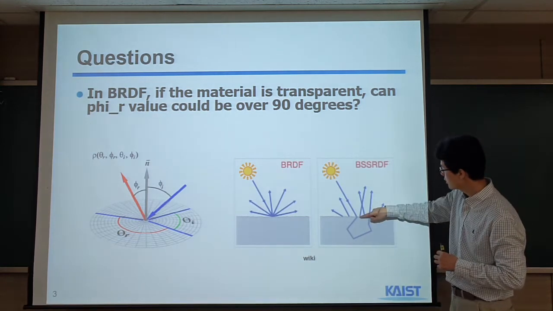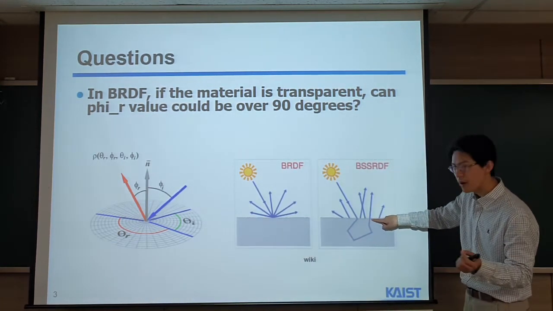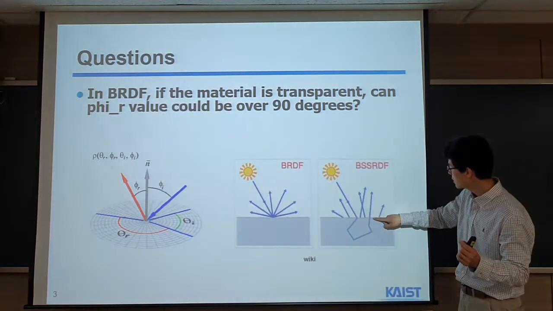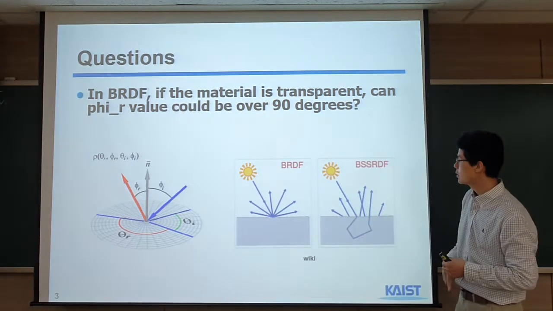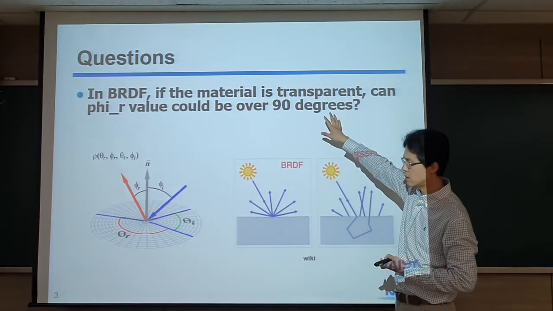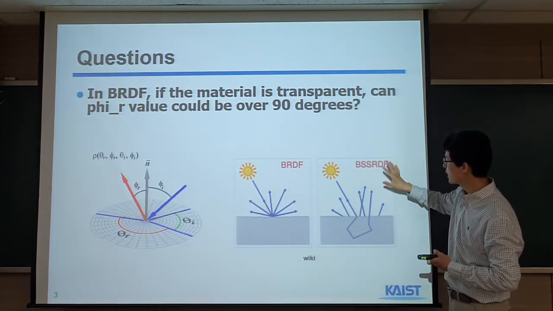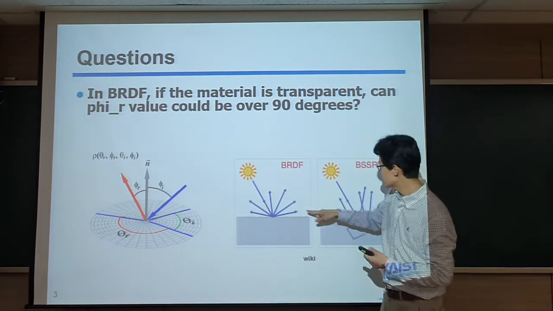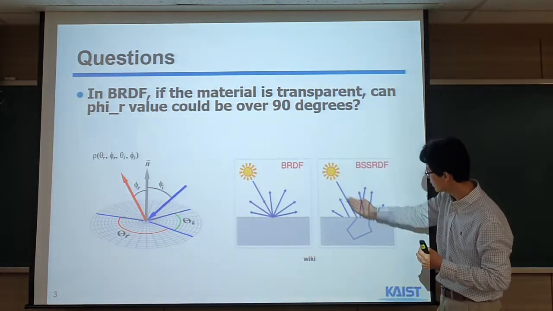You can see that it hits here and travels there, and then the photon may be emitted at another location and in another direction. So what your fellow student observed is correct, and in this case the emitting location may even be different from the entering location.